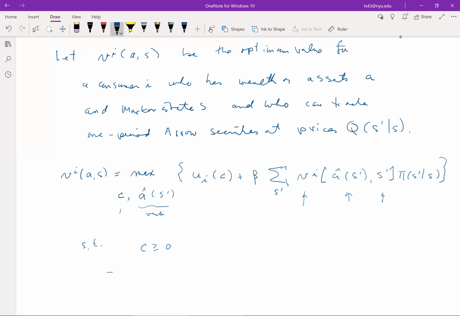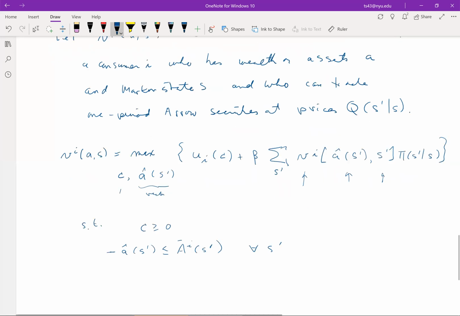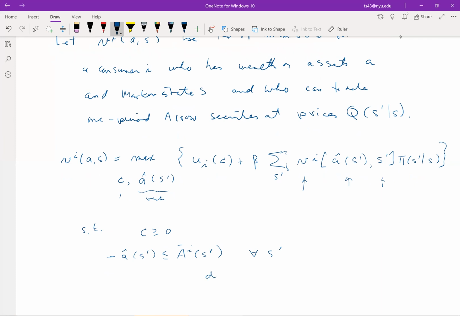And now I have to include my no Ponzi scheme constraints. So I can't borrow more than the, there's a collection. There's as many of these constraints. These are my debt limit constraints.